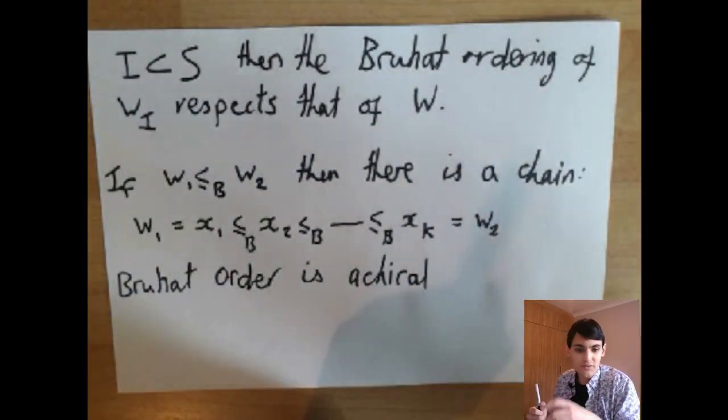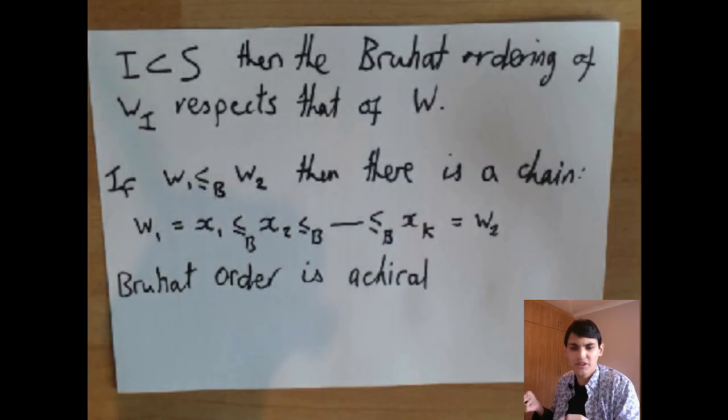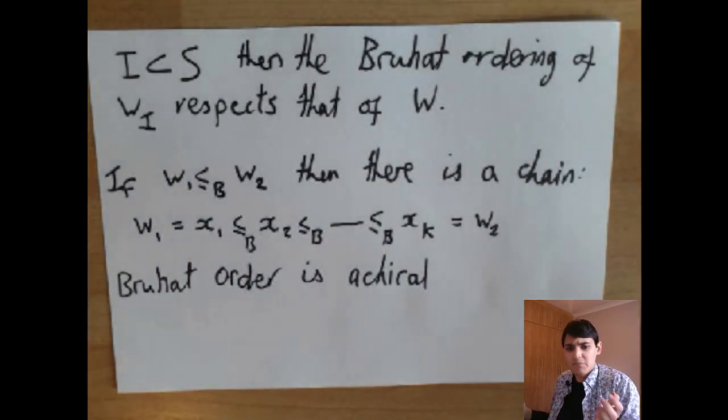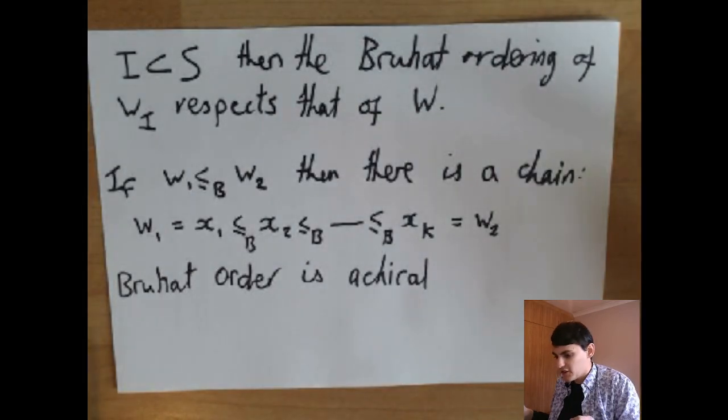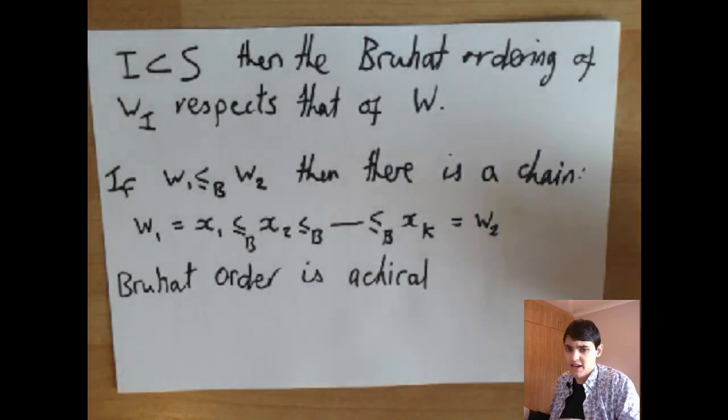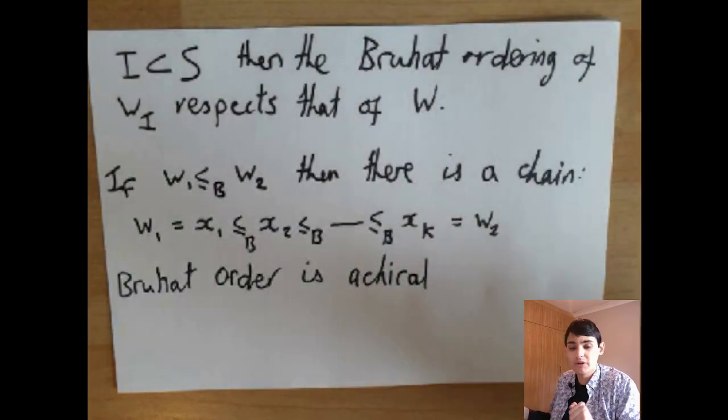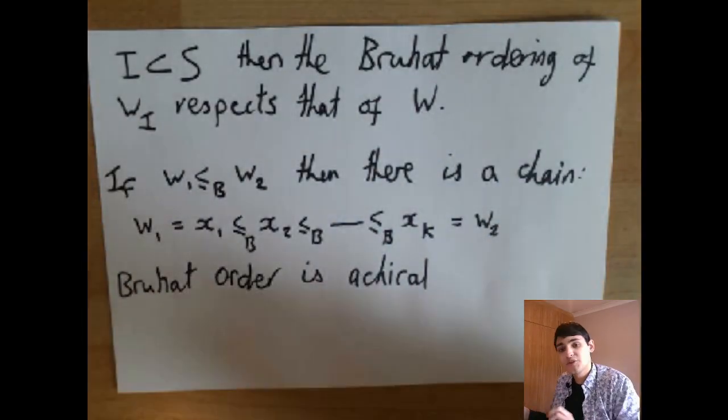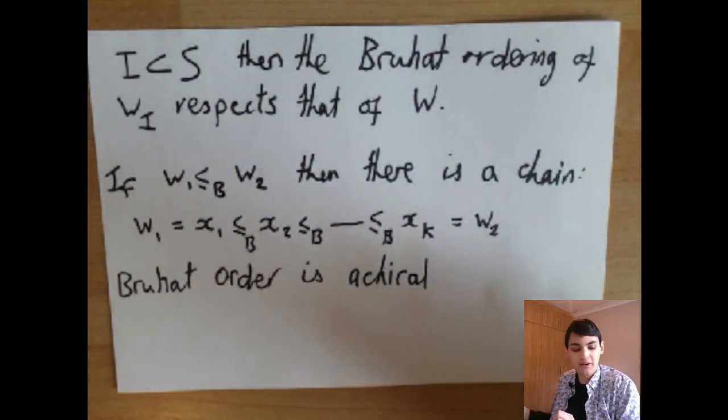Which I think is pretty interesting, that you've got this system and this partial ordering, and often in groups you don't have commutativity. It really does matter which order you do the multiplication in, but for the Bruhat order, it doesn't matter. Okay, so that's nice.